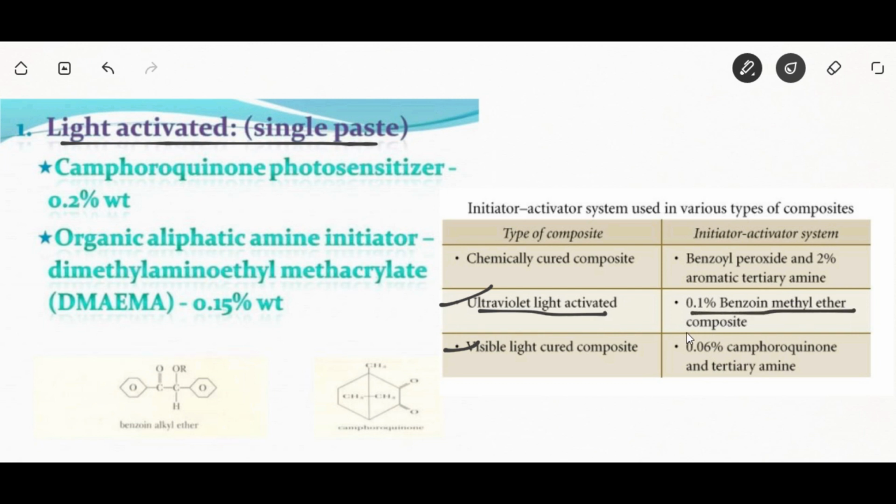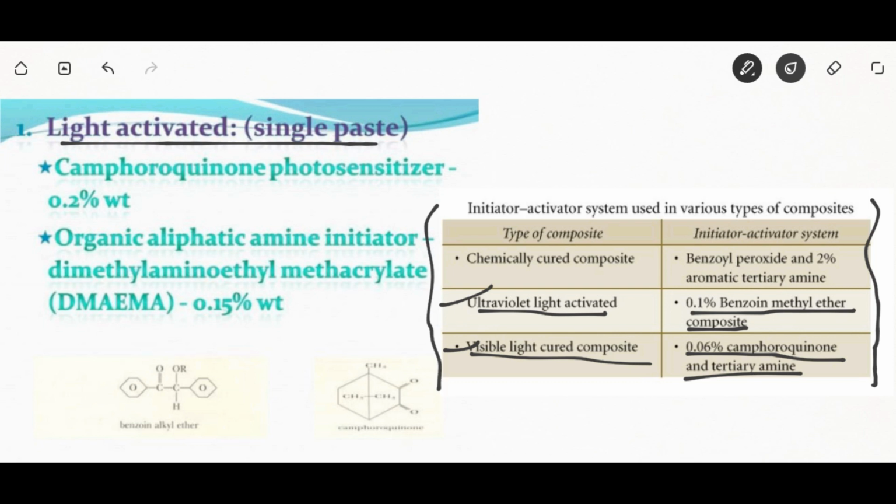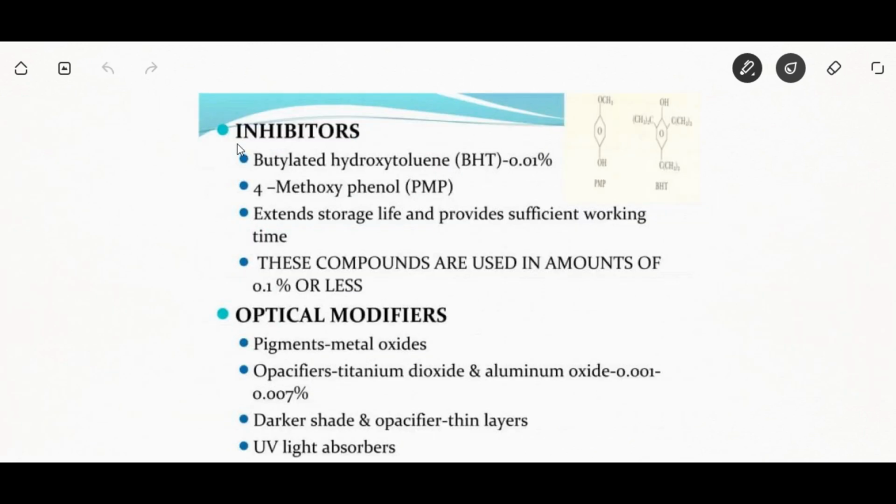And in the case of visible light cured composite, the initiator-activator system is 0.06 camphoroquinone and tertiary amine. So remember these from your exam point of view, the initiator-activator system.